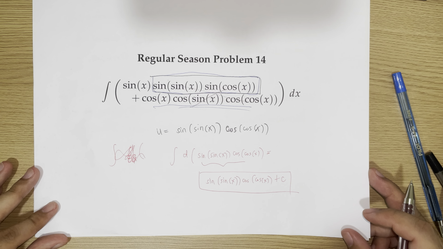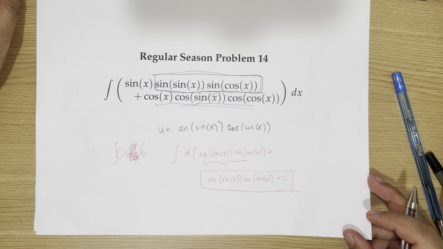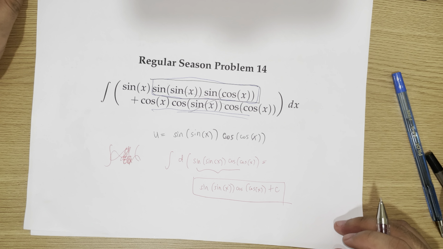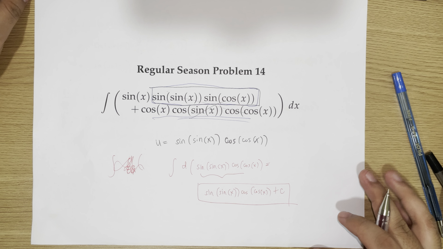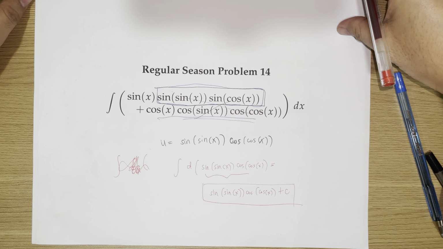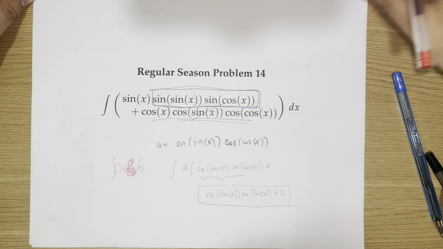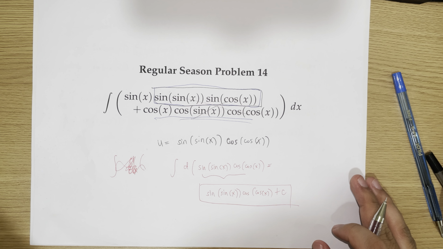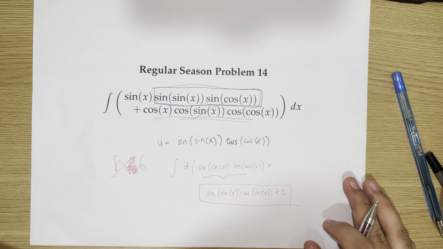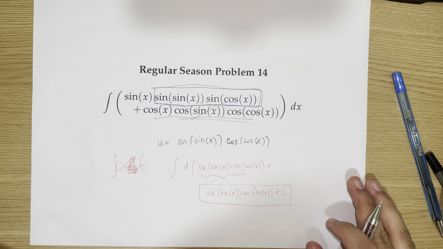Okay, so that's basically it. This is more like recognizing that the given integrand is a derivative of a product. I'm not sure if there's a clever way of doing this other than just recognizing that. I have tried integration by parts somehow, but it doesn't give me a nice form for this one.